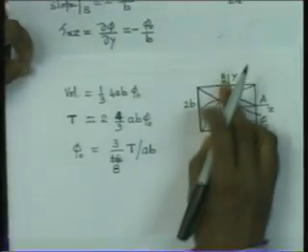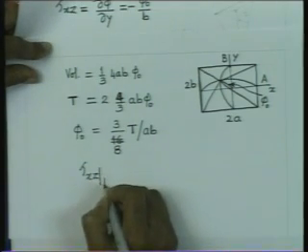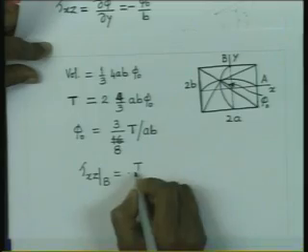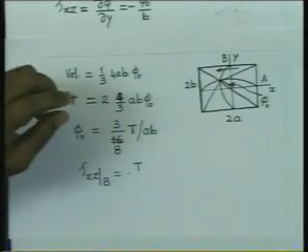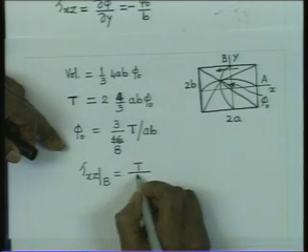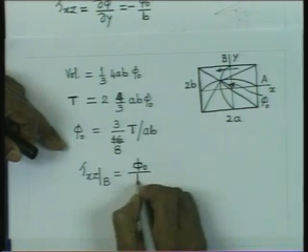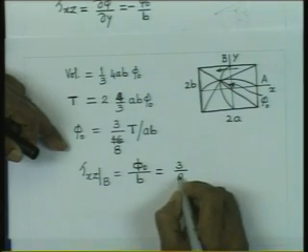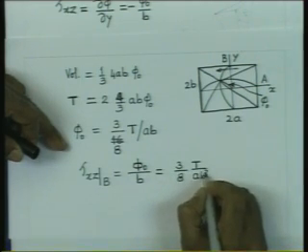Now, the stress at the point B, tau xz at B, if I am showing the stress to be acting like this, it is positive stress, and therefore this stress is equal to phi 0 by B. So, if we do calculations, it becomes 3 by 8 T by AB square.